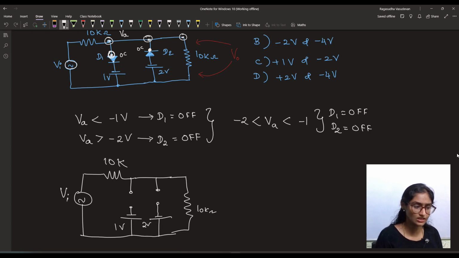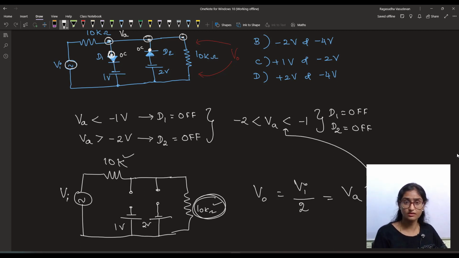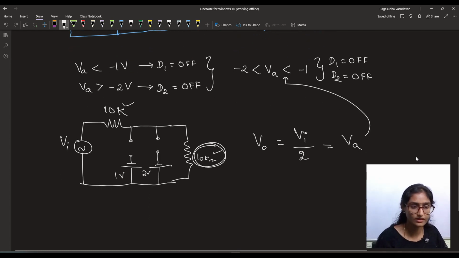So now this 10 kilo ohm is in series with this. Okay, so voltage divides. What is the value of V0? V0 is the voltage across 10 kilo ohm, right? So V0 will be Vi divided by 2. Okay, this is also equal to VA. So let's substitute here and see what should be the value of V0.